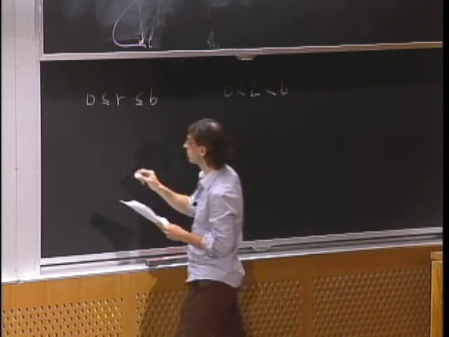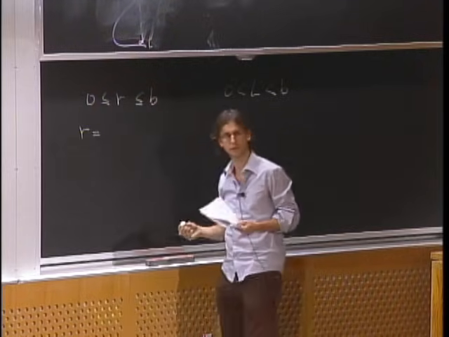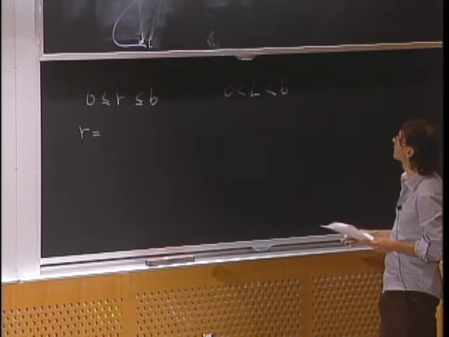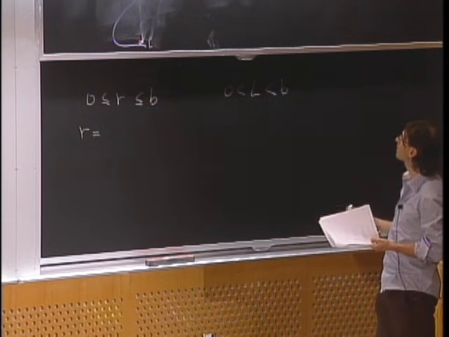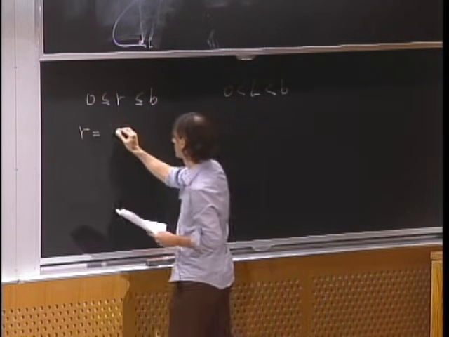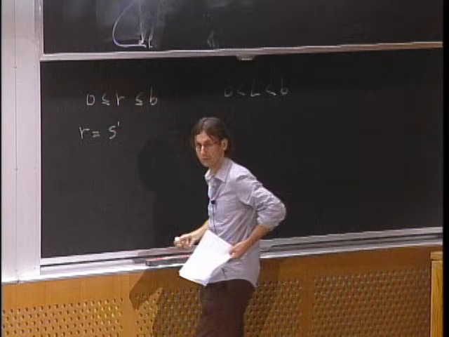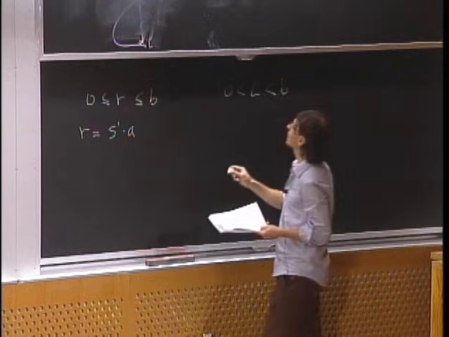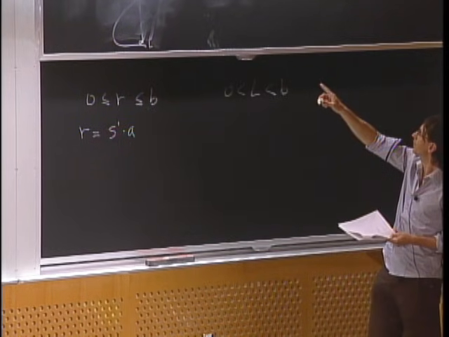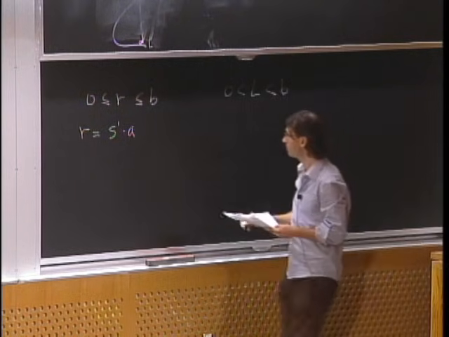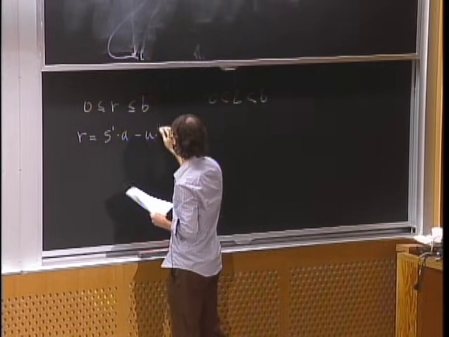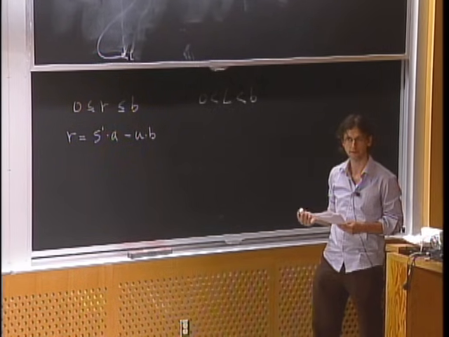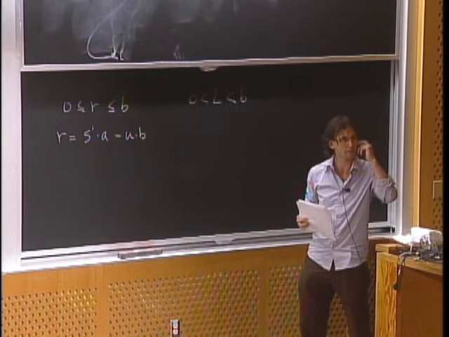We know that R must be equal to what kind of linear combination of S prime and U? Well, we have been filling the A jug S prime times. So this is what we added in water to the whole system, you can say, S prime times A. And we poured out water. Well, we did that U times from the B gallon jug. So we poured out U times B gallons. So this is the remainder that is left in this bigger jug, right? So are there any questions about this?